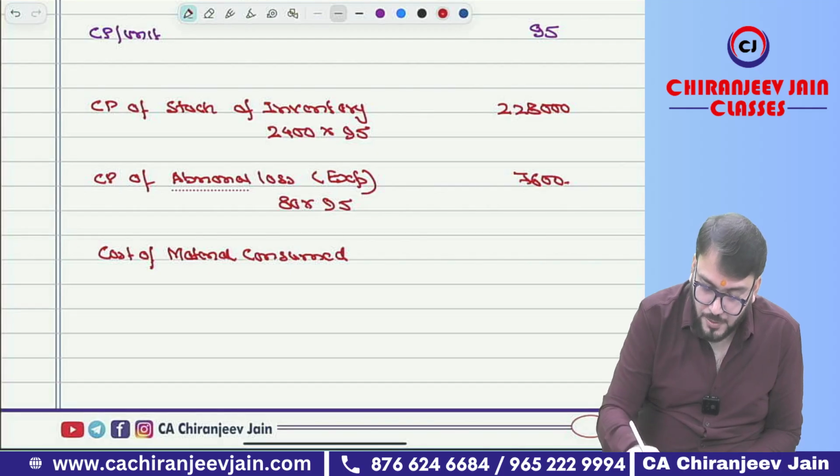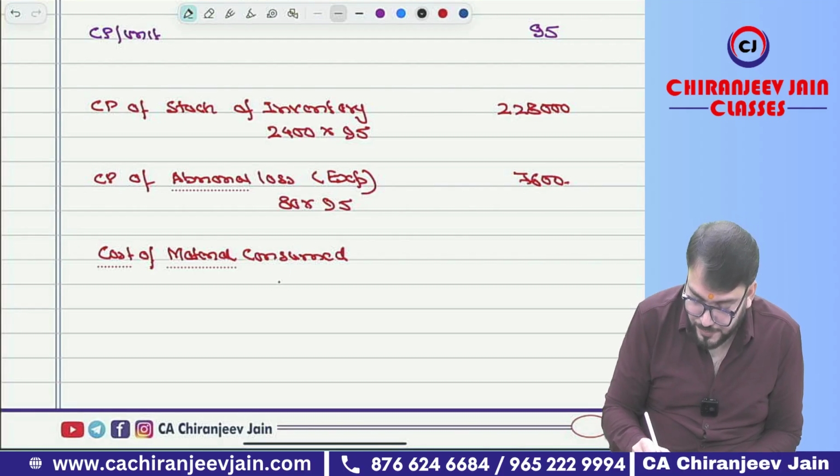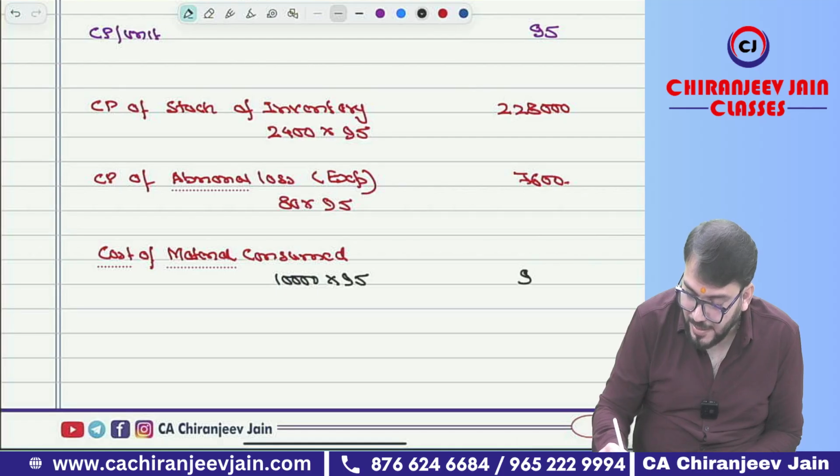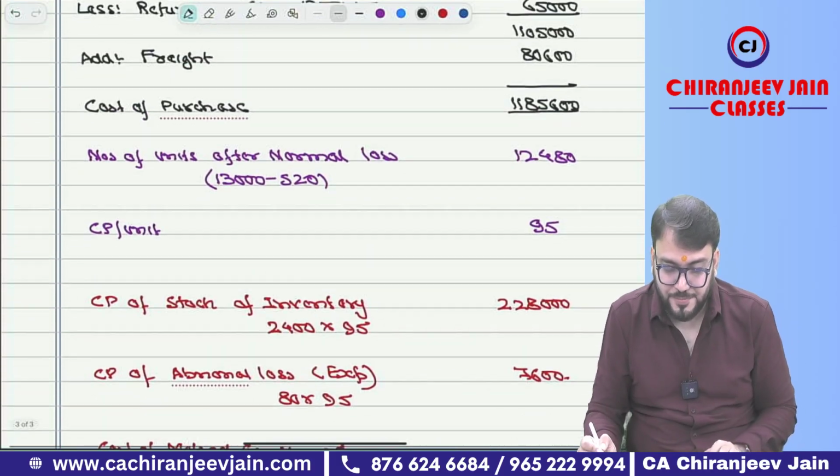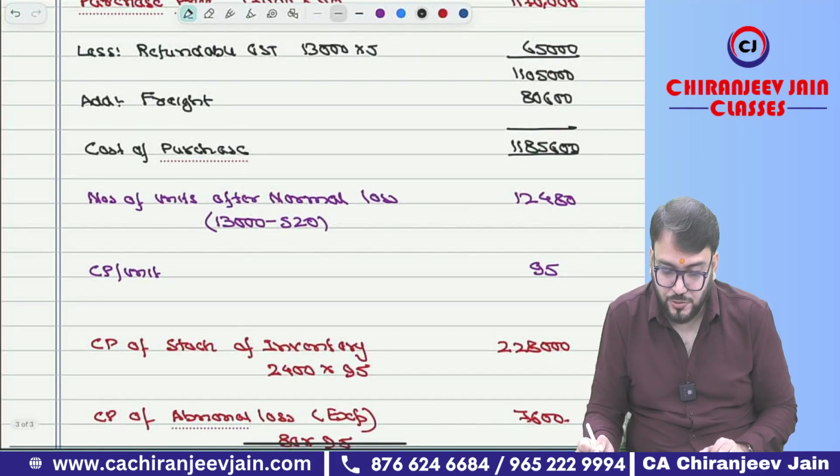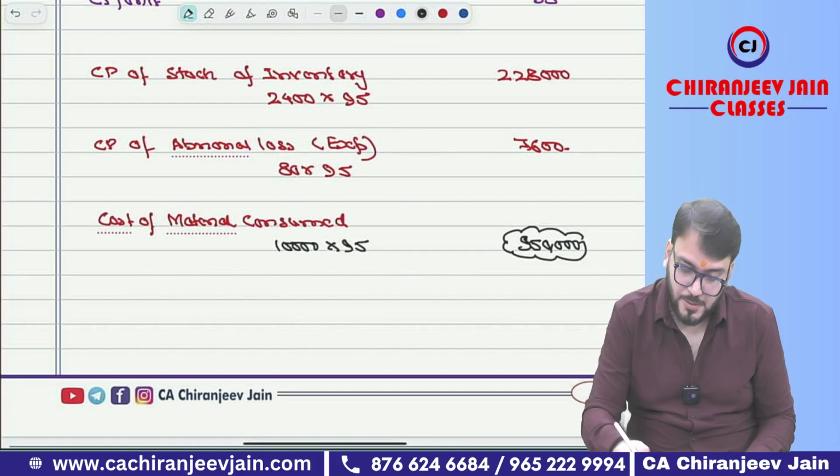The cost of material consumed will be 10,000 into 95. That is 9,50,000. Okay, sir. Have you understood this much?